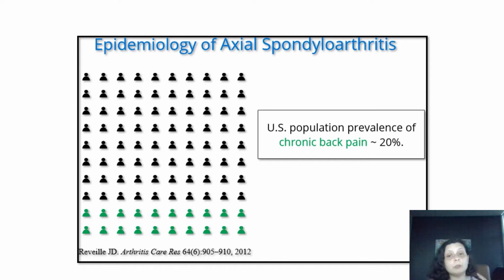And what was found in that study is that 20% of the entire US population at some point had chronic back pain. And chronic back pain is back pain more than 3 months, correct? So now, if you have 100 people representing the US population, 20 of them have chronic back pain according to this study, right?